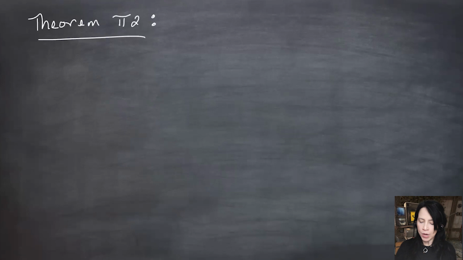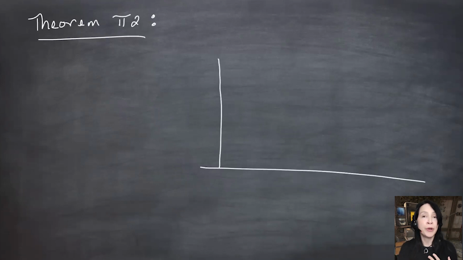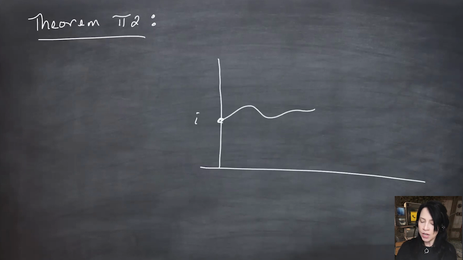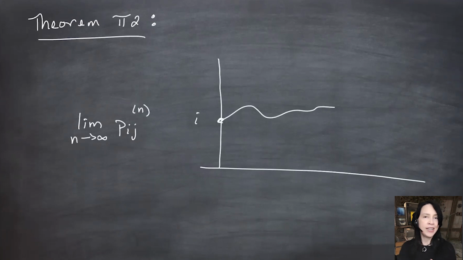Theorem pi 1 said that if you have a Markov chain that's irreducible, aperiodic, and positive recurrent, and you start at any state i and run for a long time, the limit as n goes to infinity of the probability of going from i to j in n steps will exist and be independent of i.